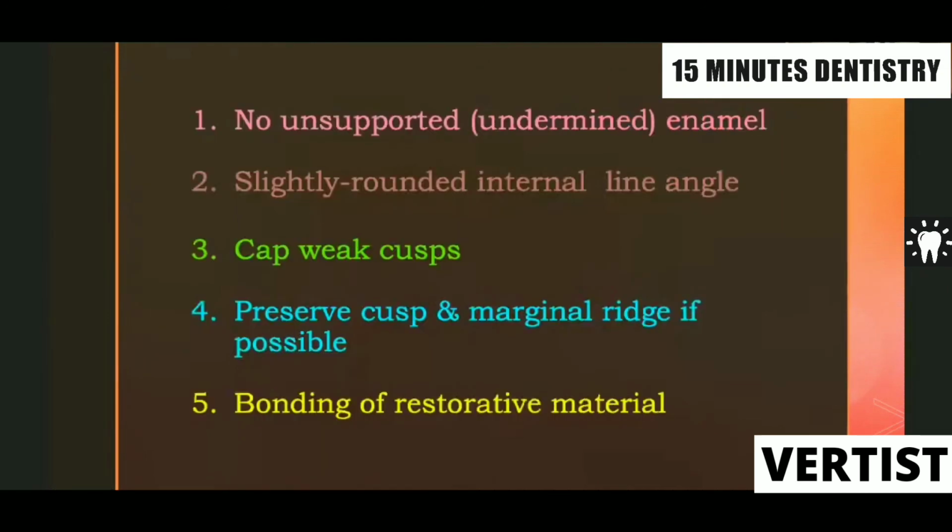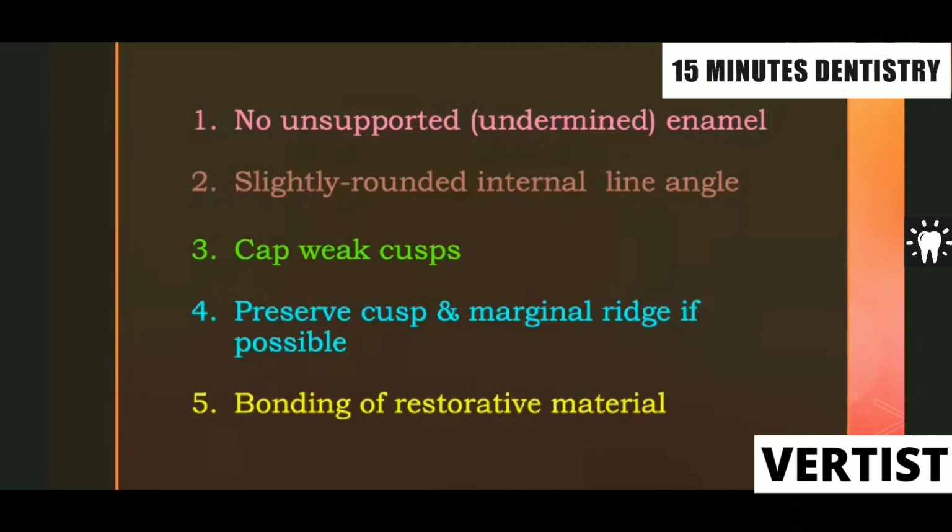So basically, you should have no unsupported enamel and slightly rounded internal line angles. If you feel a lot of tooth structure is removed and the cusps have become weak, think of capping those cusps. Preserve the cusp and marginal ridge as much as possible. And if you're doing a composite or a glass ionomer, then you can look at the bonding of the restorative material.